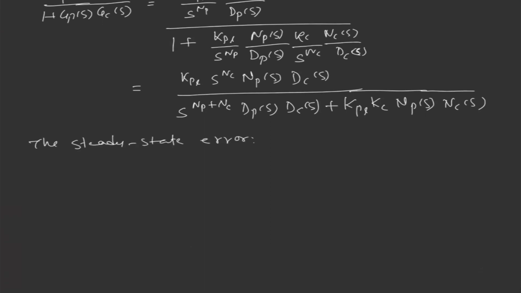Now if we are having this structure and if you substitute this expression in equation star, we can come up with the steady state error. Let me define this equation number 3. So substitute equation number 3 in equation star, we can get e_ss equal to limit s tends to 0 of sE(s). This we get from the final value theorem.